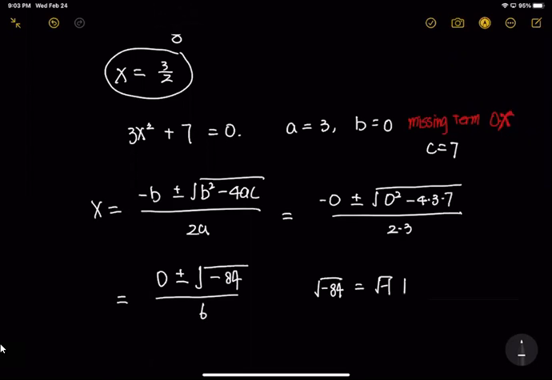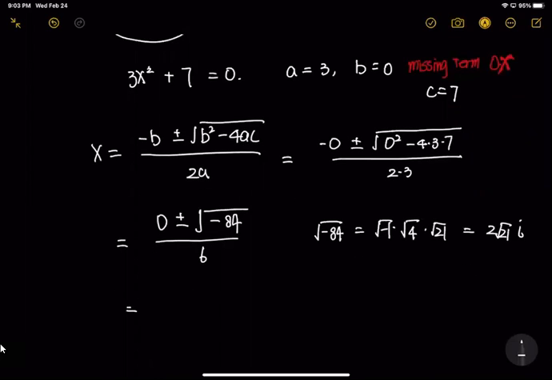First of all, we have a negative 1 and 84. Wow, we have a 4 and 21. Square root of 4 is equal to what? 2. So we have 2 times square root of 21 times i. So the solution should be positive and negative 2 times square root of 21 i over 6.